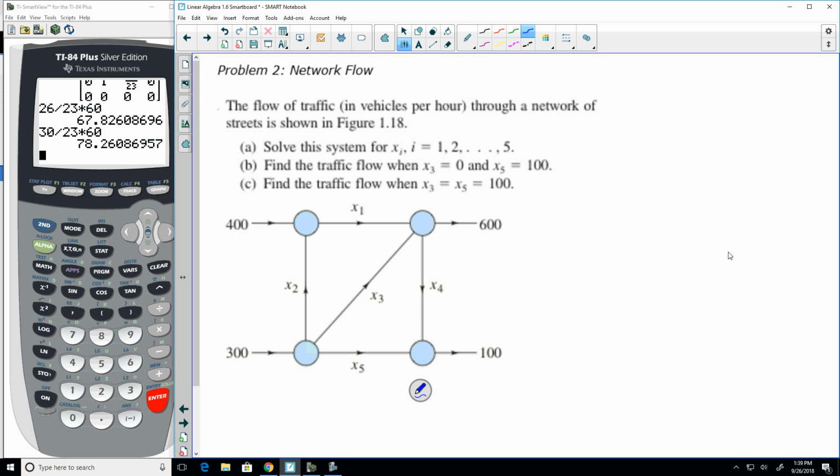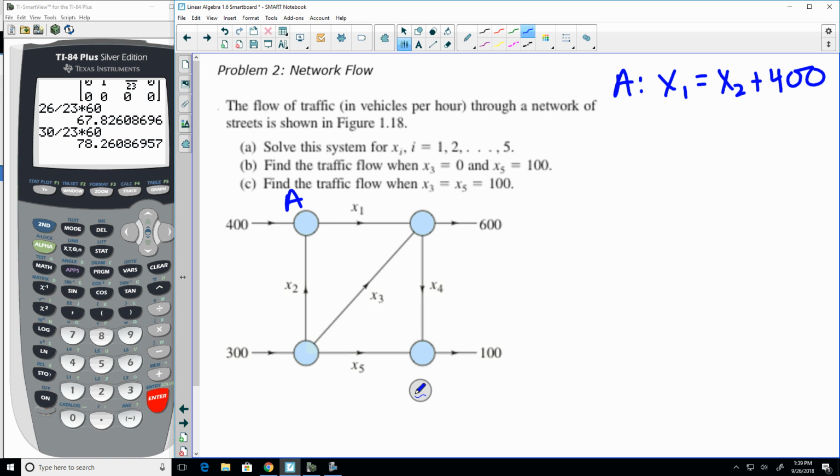The first intersection, we'll call this A. For intersection A, we have 400 going in, x2 is going in, and x1 is coming out. So x1 is equal to x2 plus 400.